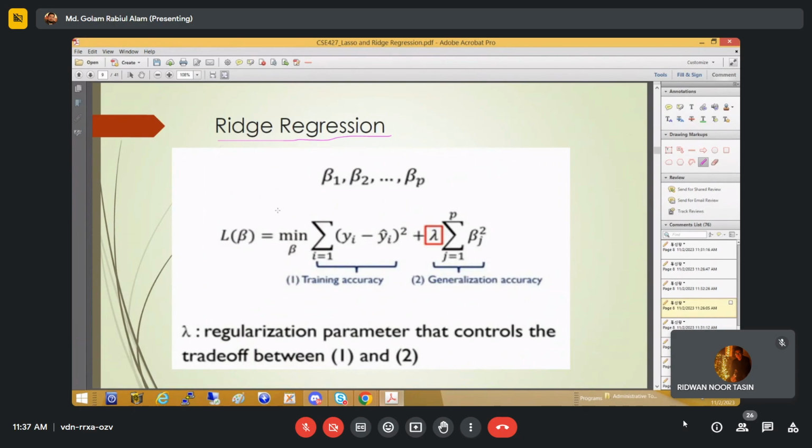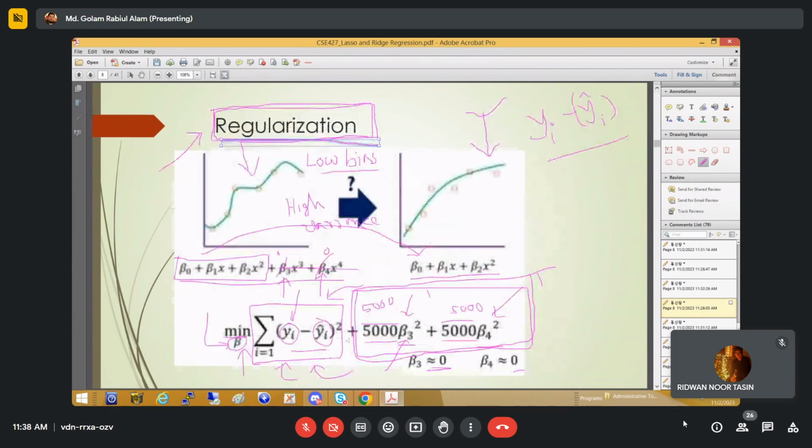In Ridge regression, this is the equation for our least square method, or the gradient descent, whatever we call it. Usually we use this term, but this is additional, for the purpose of regularization. In Ridge regression, the regularization term is the summation of beta square.